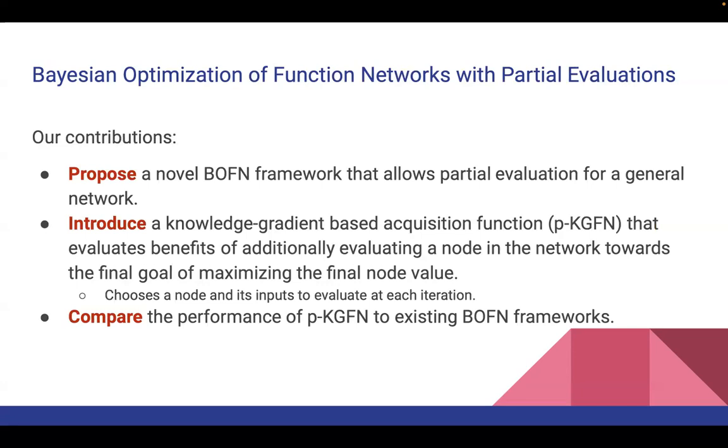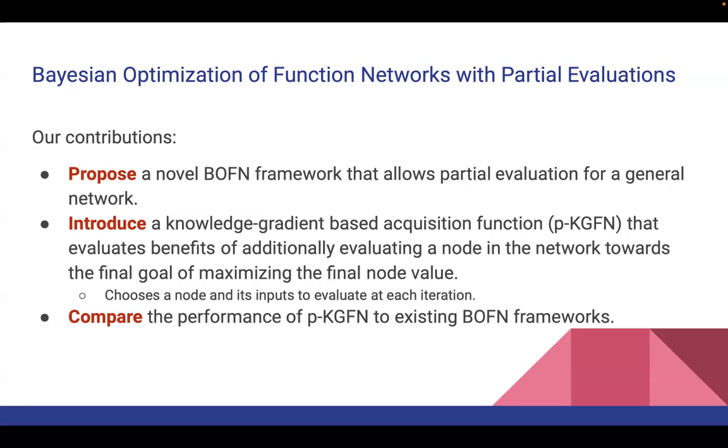In order to do that, we introduce a knowledge gradient acquisition function that we call PKGFN, where P stands for partial evaluation, that evaluates the benefit of additionally evaluating just a node in the network, like how much benefit we would get towards the goal of maximizing the final node value. This acquisition function will choose a node and its input to evaluate at each iteration.